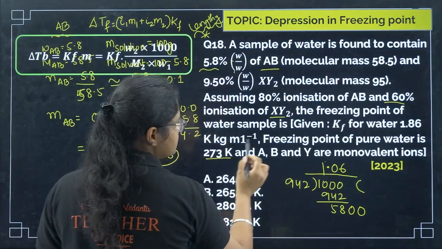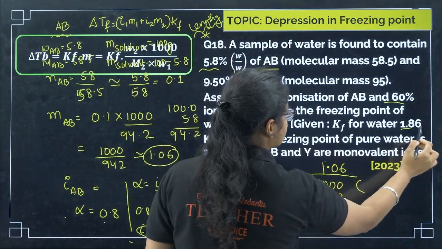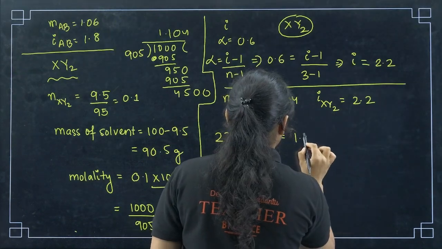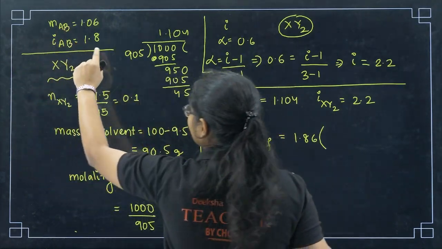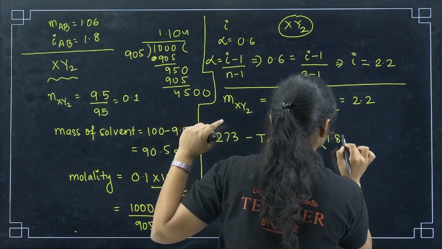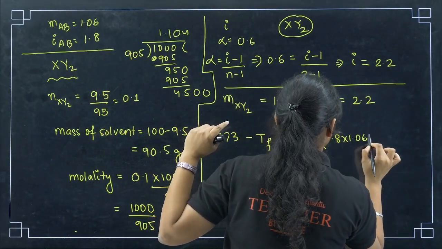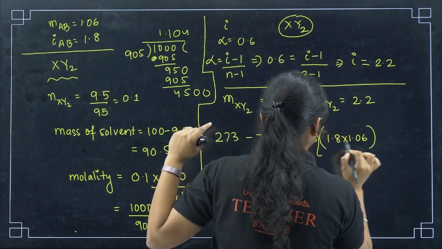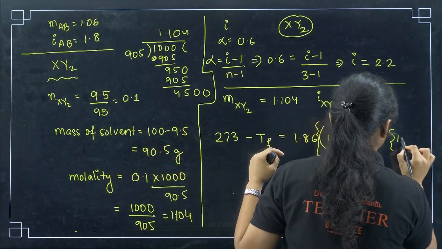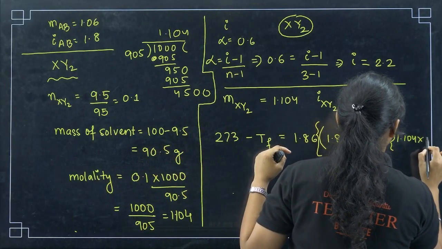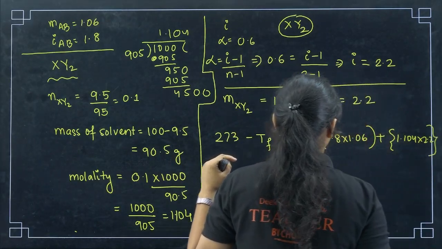Kf value is how much? Kf value for water is 1.86. Okay, then you have this one, i1 m1, so 1.86 into 1.06, plus you have this one, 1.104 into 2.2, right?